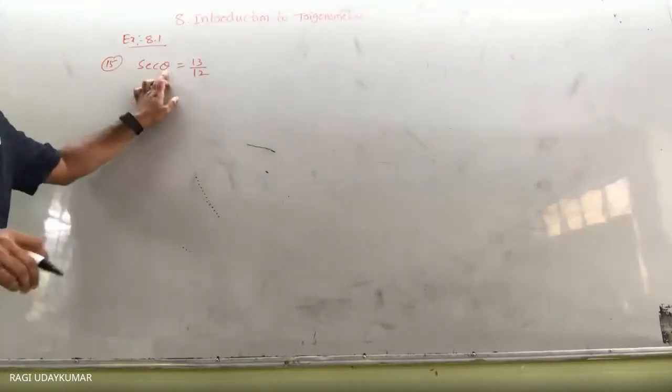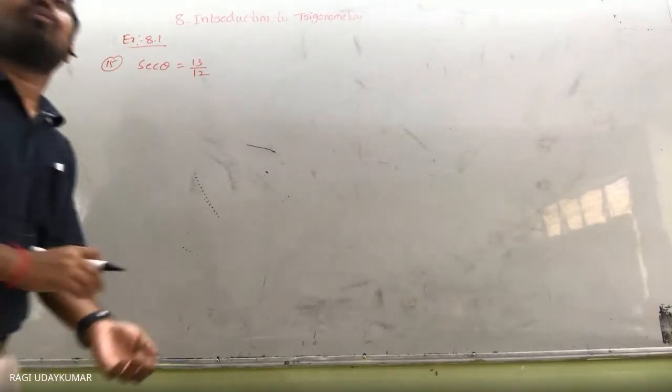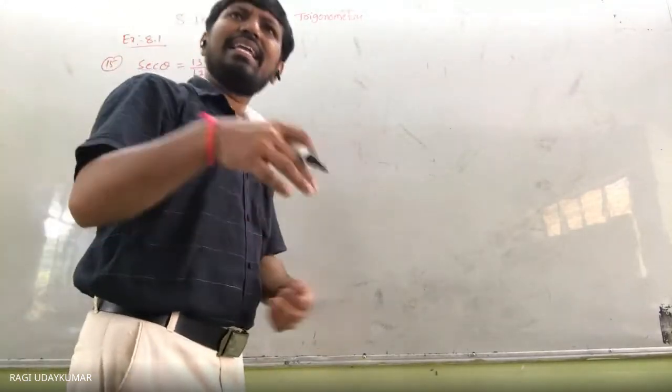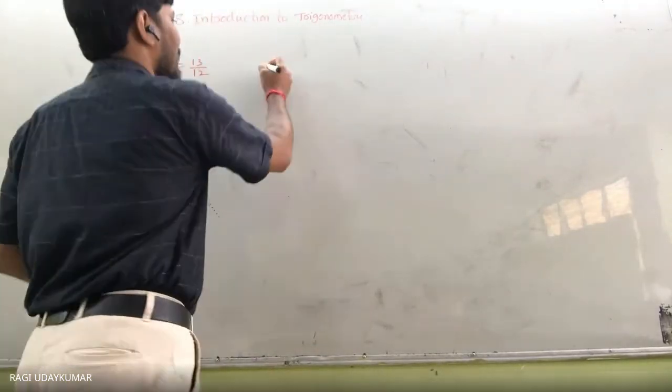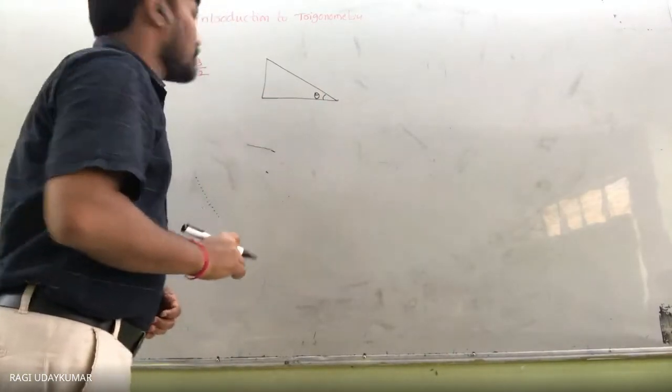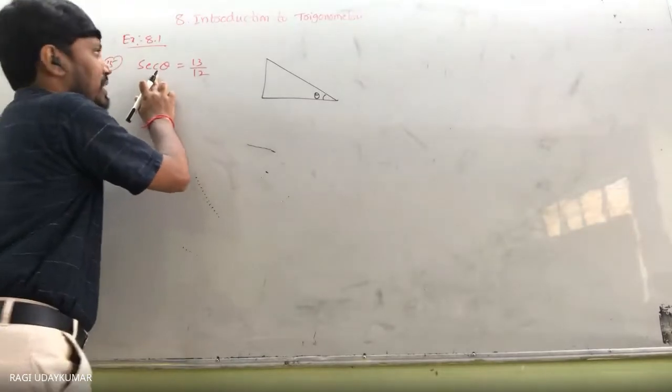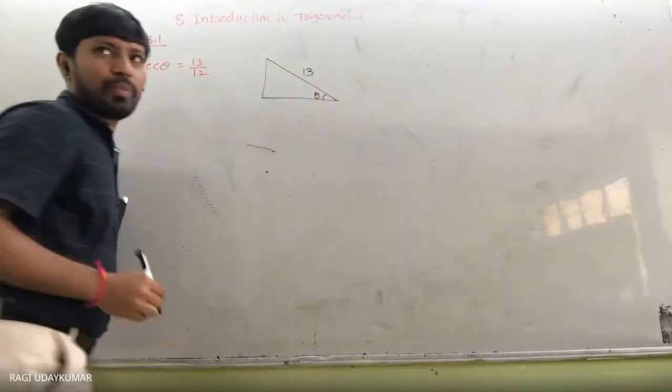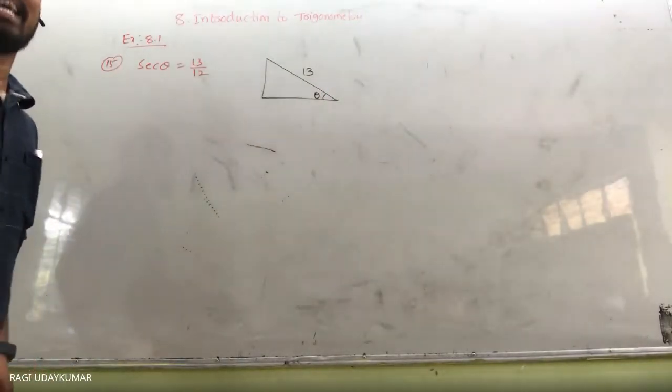What is theta here? It is the representation of one angle. Take any triangle, in which take the angle theta. So secant is nothing but hypotenuse by adjacent. Hypotenuse is 13.